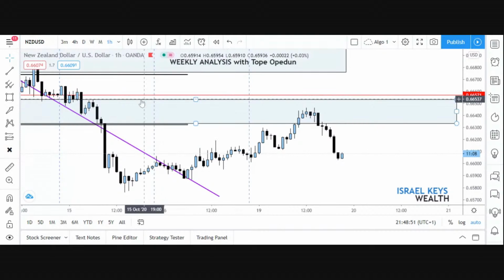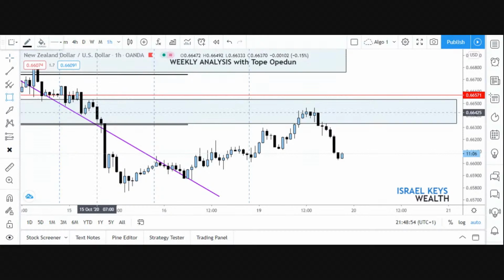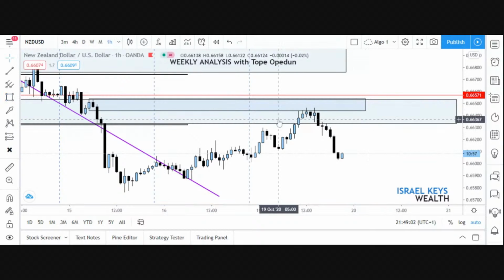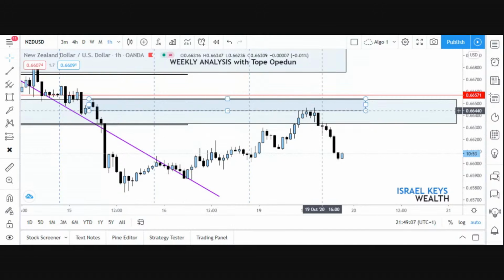Beautiful, there's a reaction point on the H1. So price went in nicely and touched that H1 bearish order block.